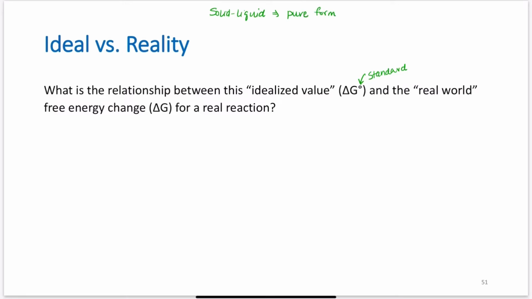If you have a gas, the gas itself is at a partial pressure of 1 atmosphere. If you have a solution, the solute in that solution is at a concentration of 1 molar. And if temperature is not specified, the temperature is 298 K.